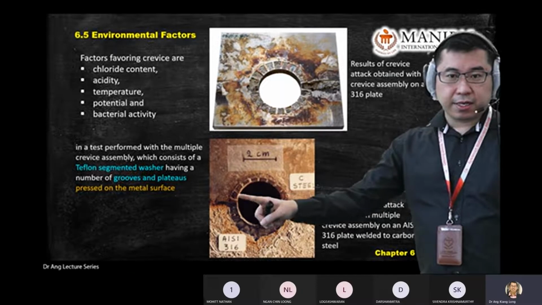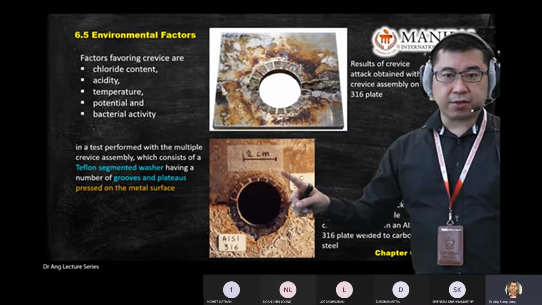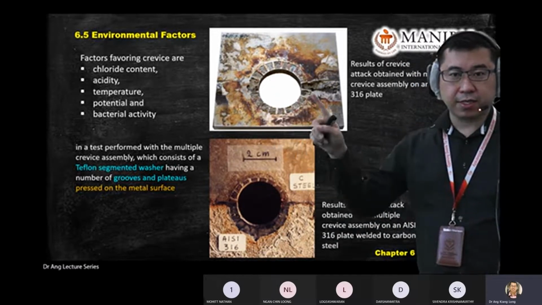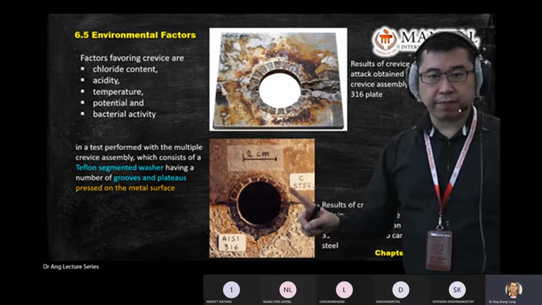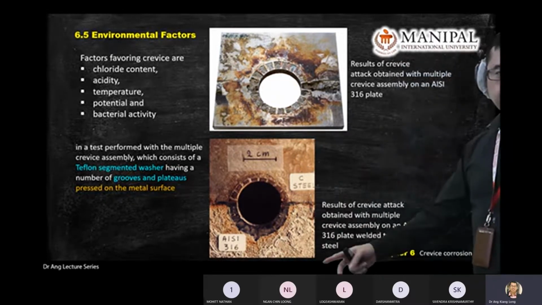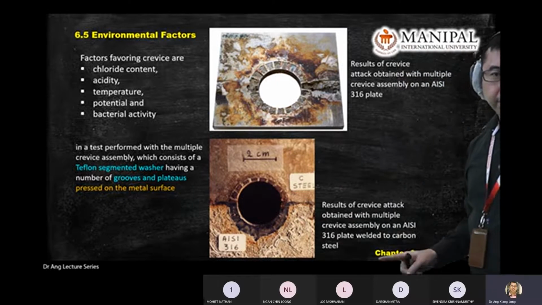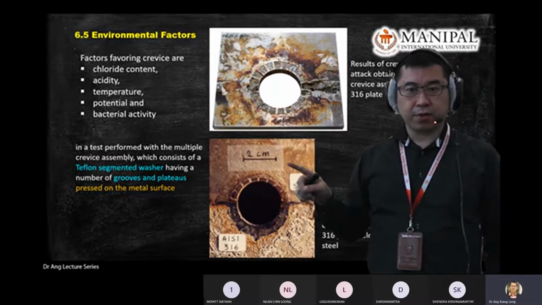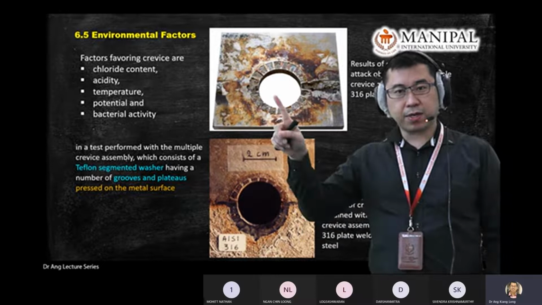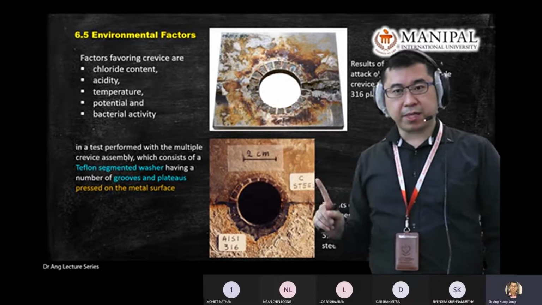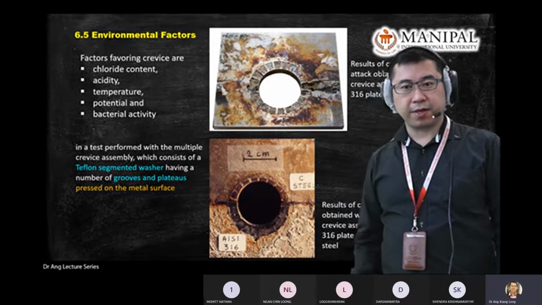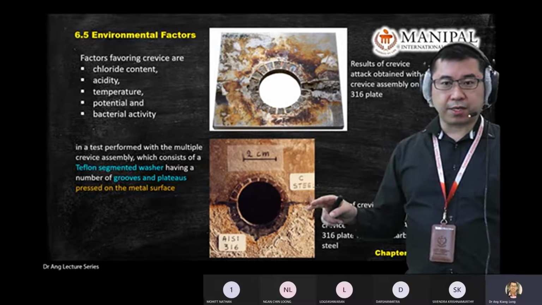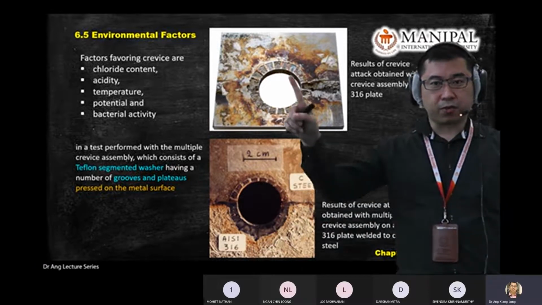This one is stainless steel 316, and this is also 316, but they join the 316 with another metal. You can see the results when you join two different metals together. This one still has crevice, but in this one a more serious condition happens. The crevice condition when you join two different metals together is more drastic compared to individual stainless steels.